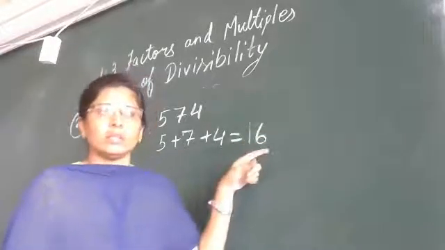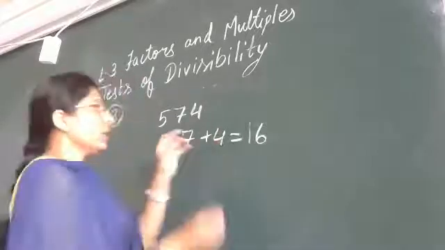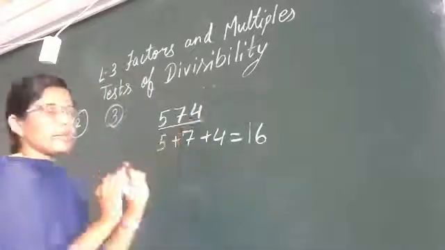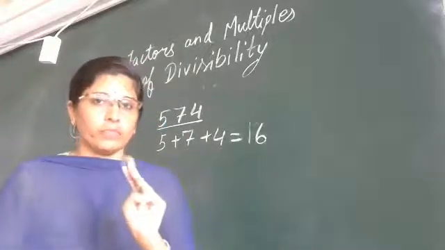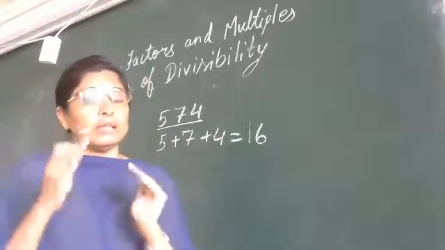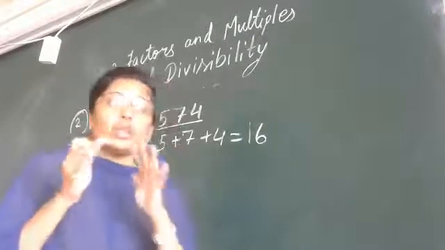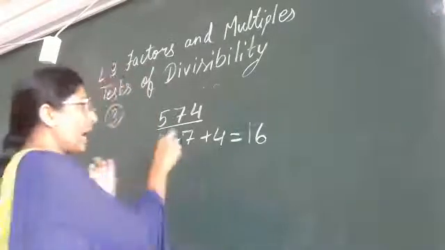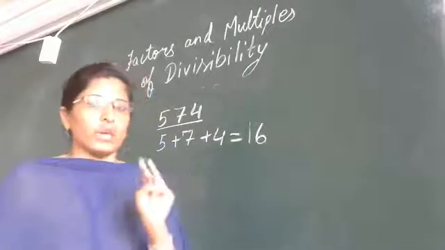Will 16 come in the 3 table? No. That means 574 is not divisible by 3. Only when the sum is a multiple of 3, that number will be divisible by 3.